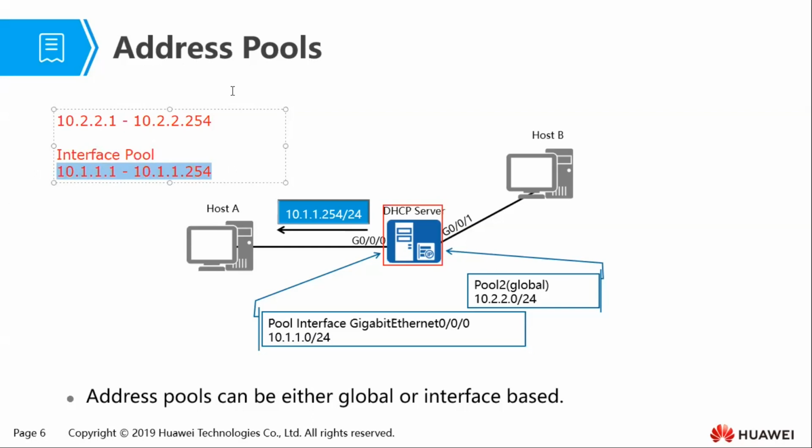Does it make sense now? Yes, so host B cannot be assigned an IP address from this range because we've configured that as an interface pool on this interface. So that's the difference between the global and the interface pool.